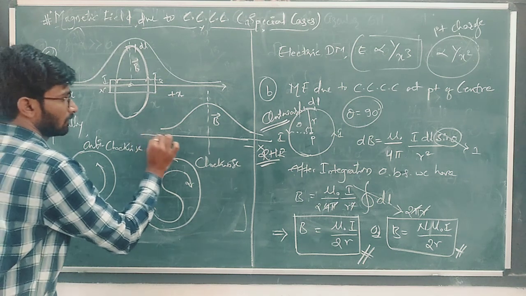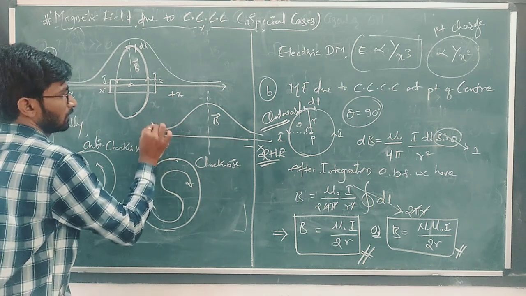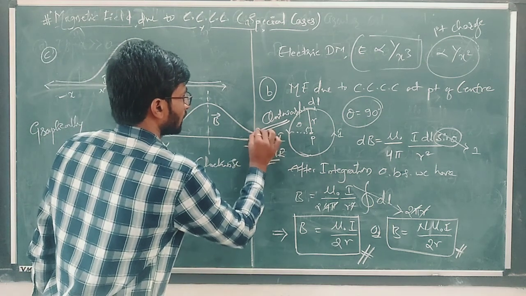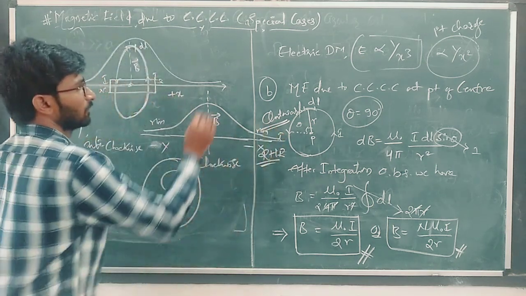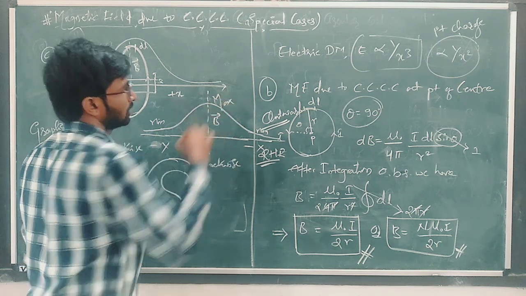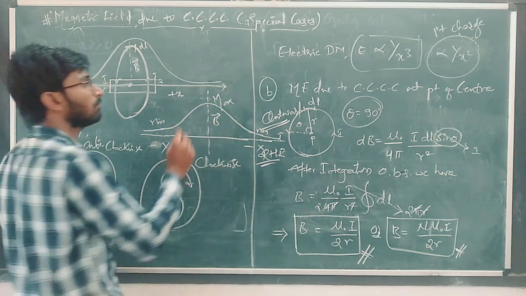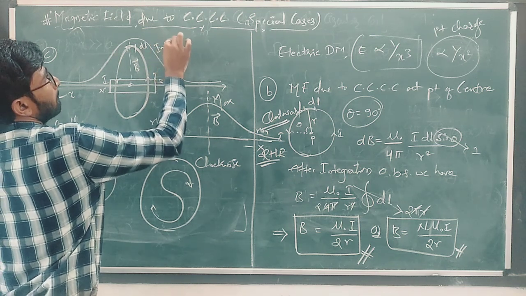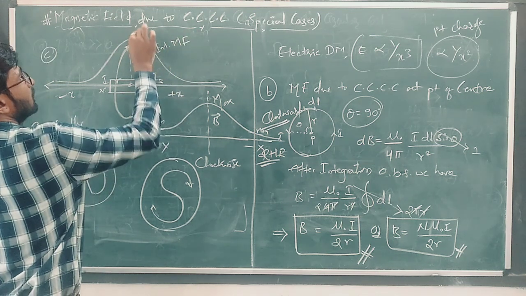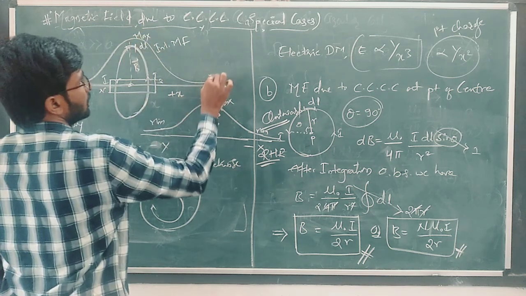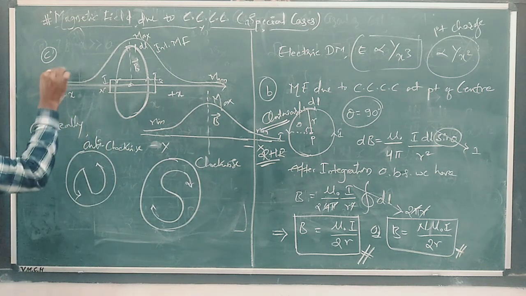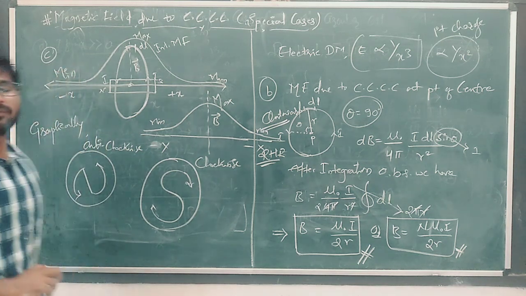Along this direction it will be minimum, and here also minimum, and here it has the maximum intensity of the magnetic field. Here it will be max, and here it will be minimum, is that right?